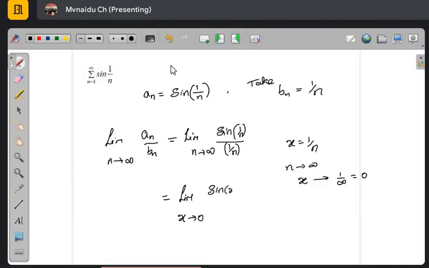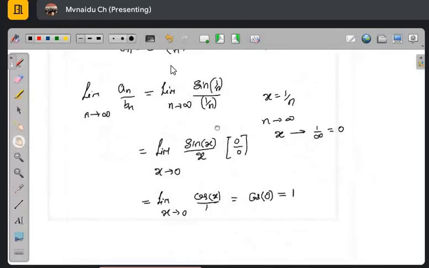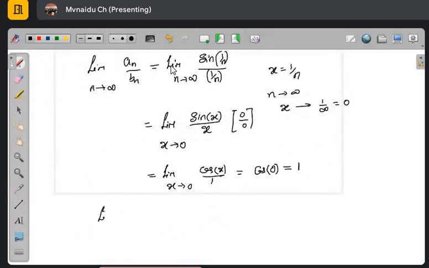So this is sine of x over x, and now I hope you can see the 0 by 0 form. You can apply L'Hospital. So the limit as x goes to 0 gives cos of x over 1, which is cos of 0, and that is 1. So the final observation here is the limit as n goes to infinity of an over bn equals 1.